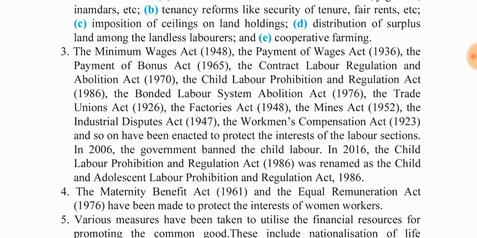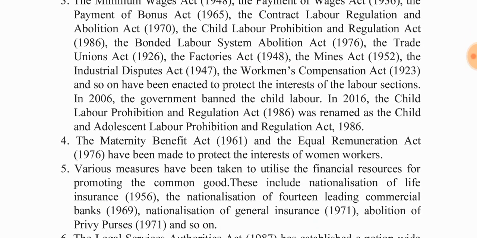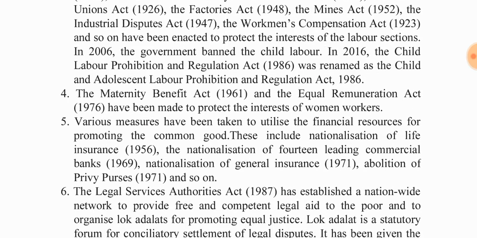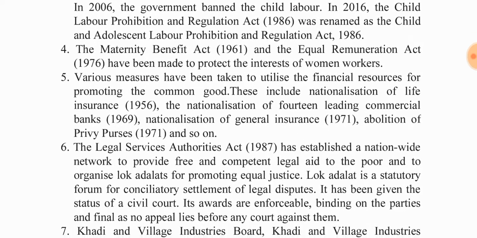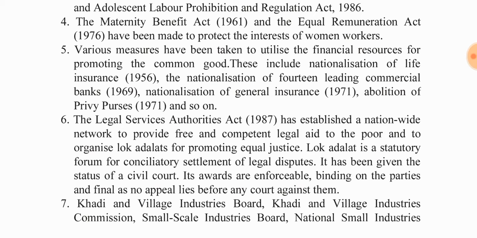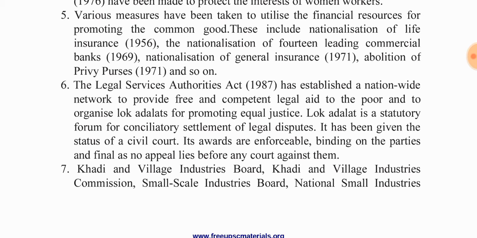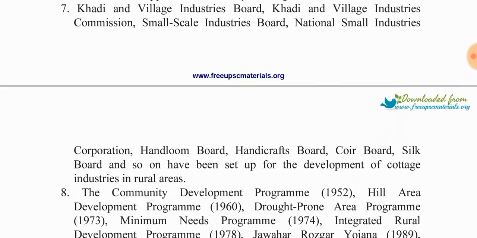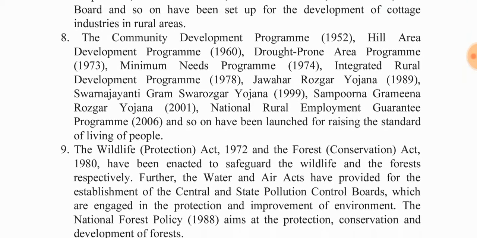Then the Maternity Benefit Act, Equal Remuneration Act for women, nationalization of life insurance in 1956, then the Legal Services Authorities Act of 1987. Then the other important things are the Wildlife Protection Act of 1972 and the Forest Conservation Act of 1980.